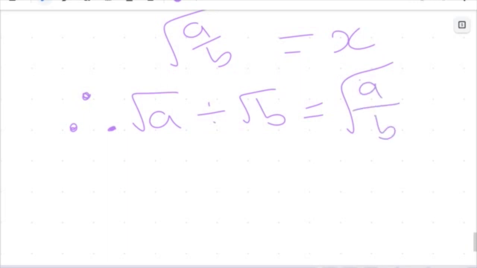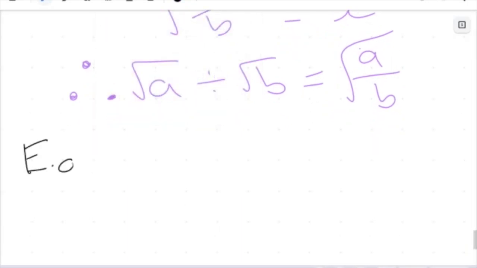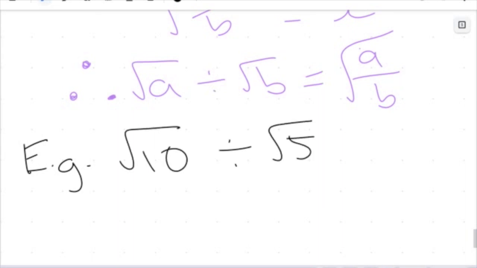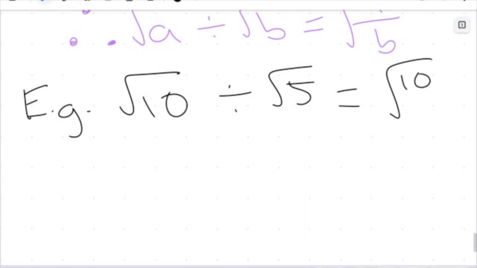And an example of this, let's just do two to wrap up here. If I have the square root of 10 divided by the square root of 5, what do I get? Well, I'm going to get the square root of 10 divided by 5, which is going to be the square root of 2. That is once again a surd, because 2 is not a perfect square. So the square root of 2 will give us an irrational number.